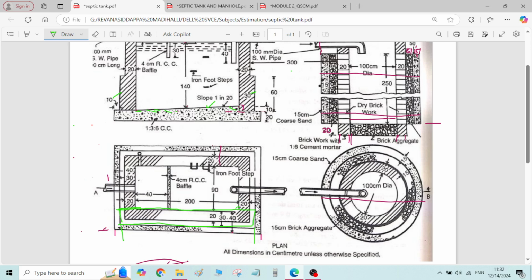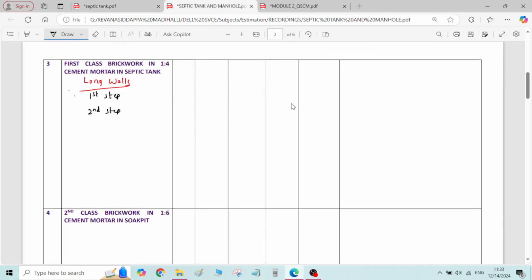From here to here it is 30. So 200 plus 30 on one side plus 30 on the other side. Here it is given 30 centimeter thickness of the wall; the first step is having 30 centimeter thickness. So 2 plus 0.3 plus 0.3 will be the total length of the first step. L is equal to 2 plus 0.3 plus 0.3, we get 2.6 meter as length of the first step.